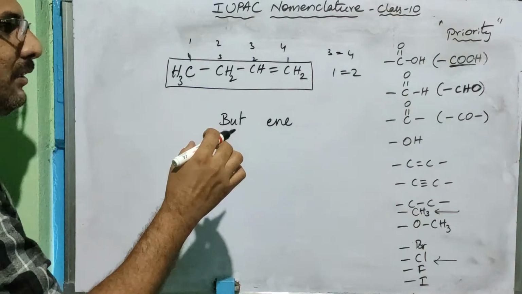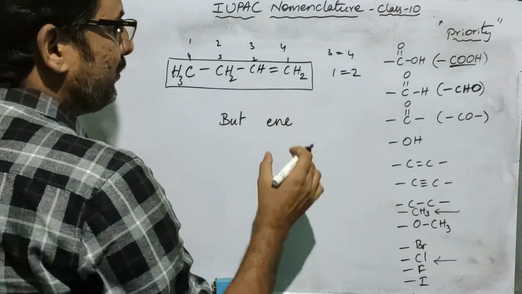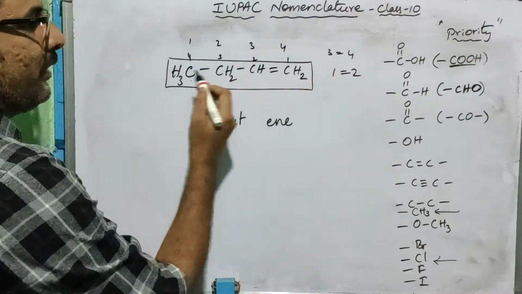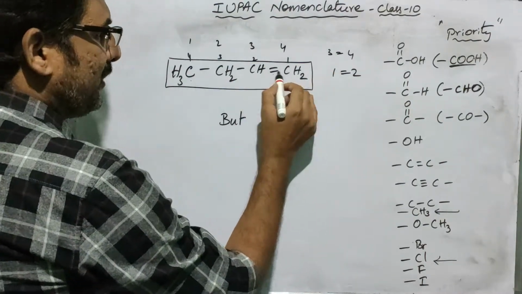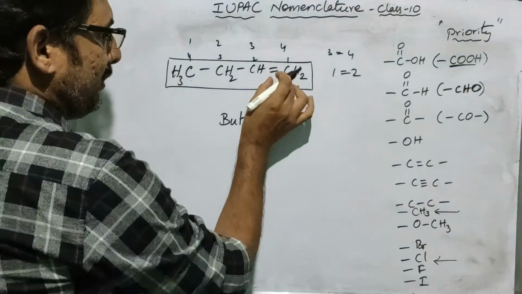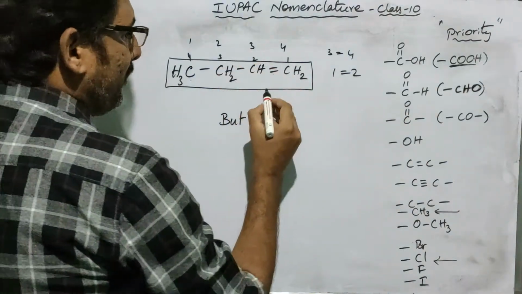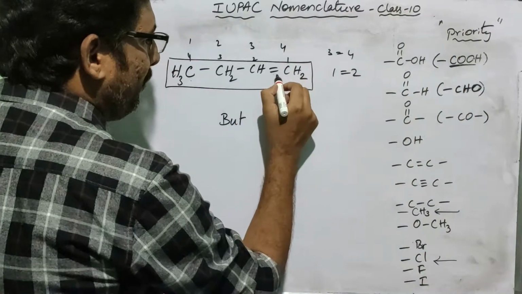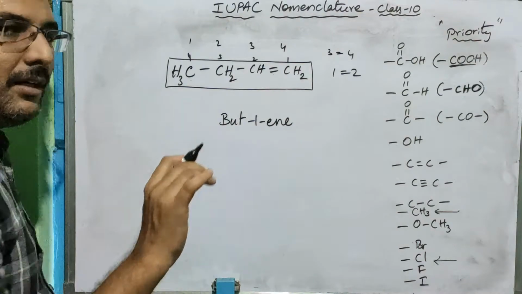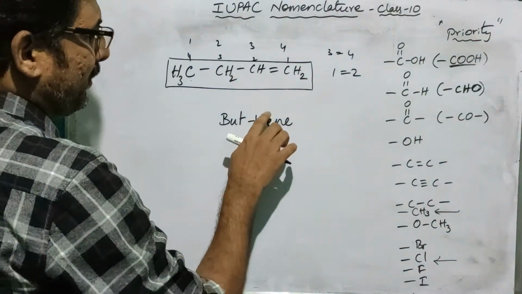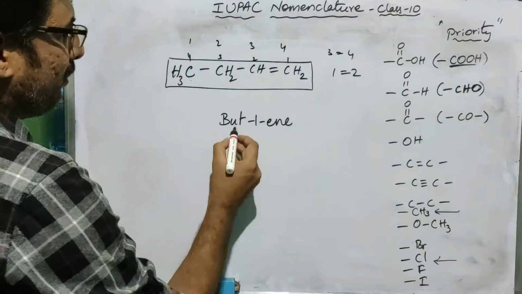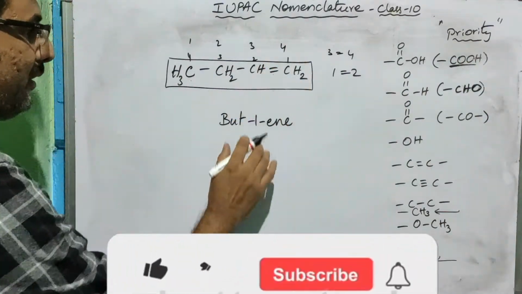Which one is the better rank? Numbering from right to left, with the double bond between first and second carbon, is the better rank for this double bond. That's why we write the position of the double bond as 1. The "-ene" indicates a double bond present at the first carbon with the second carbon. So this will be but-1-ene.